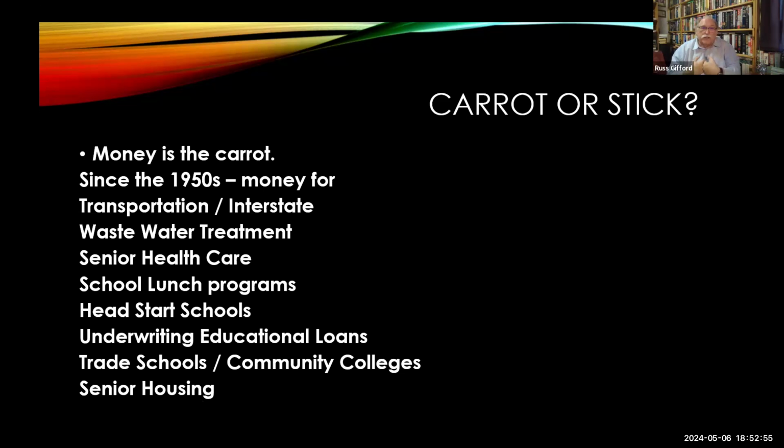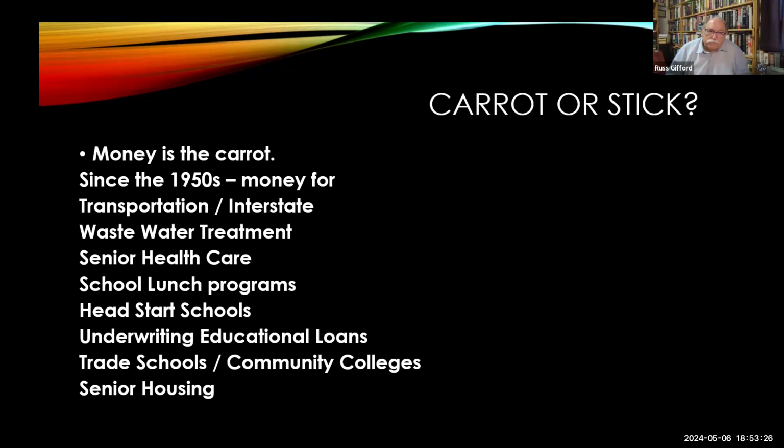Here's the feds doling out some money so that we get an interstate transportation system, even though technically, the concept was that that was under the states. But the big one that I always remember was when even in the small towns, we got wastewater treatment plants. I grew up in Ponca, and I distinctly remember going, oh my gosh, that's $7 million. Where are we going to get that? And it was clearly coming from the federal government.